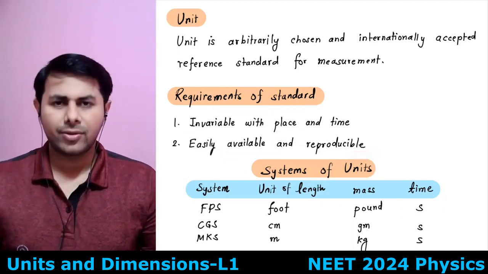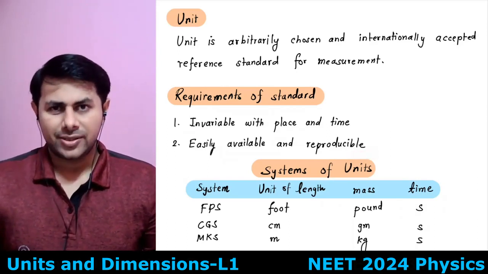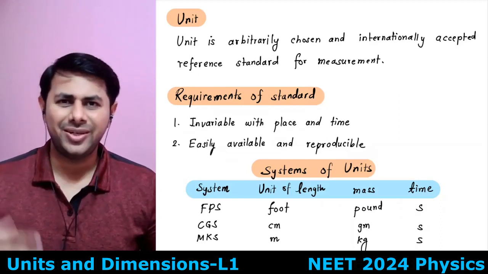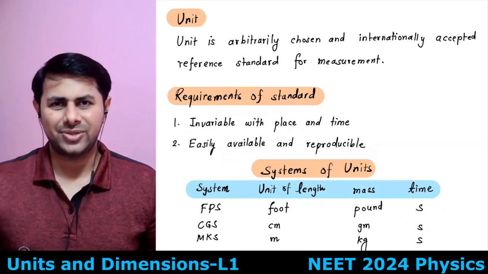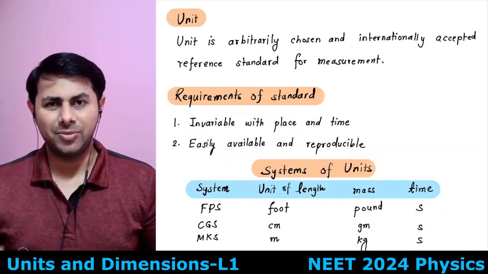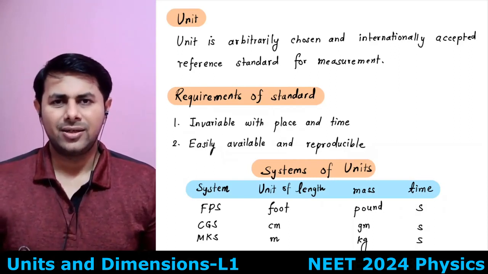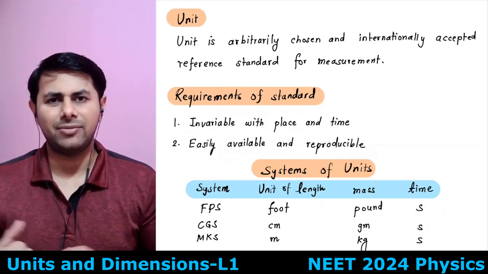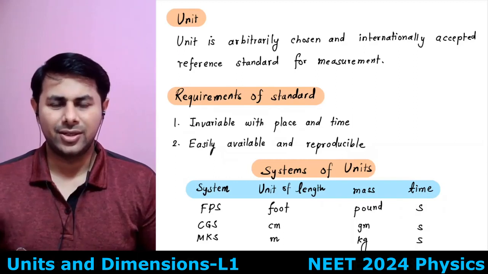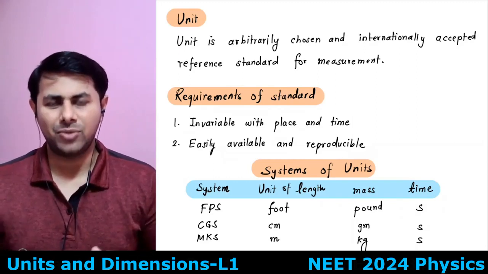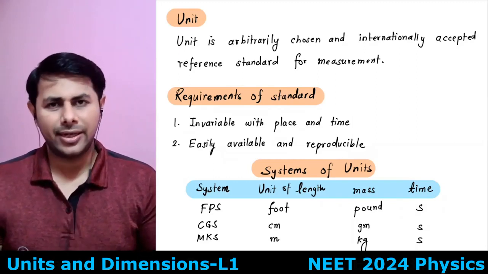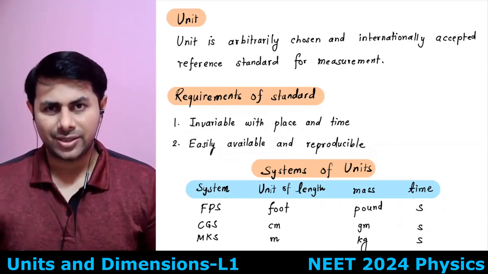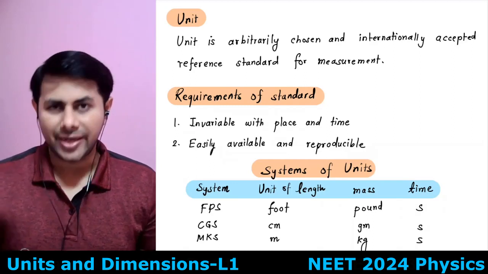Earlier in physics, we used to study motion only. In the 17th and 18th centuries, people studied only motion. The quantities important for motion are length, mass, and time. In mechanics, the study of motion, if you know the units of length, mass, and time, you can figure out the units of all the other physical quantities that come in mechanics.